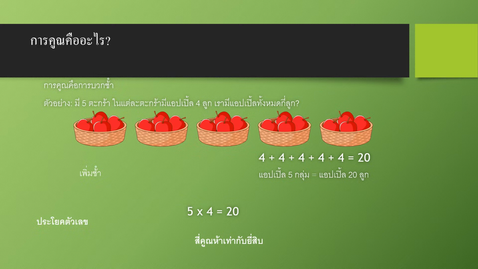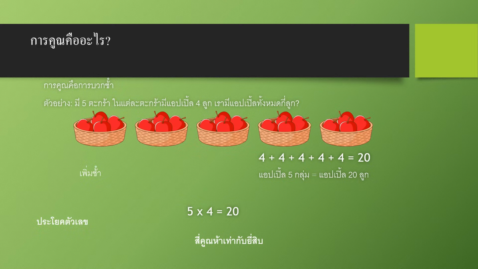So how we will say it again? Or you can say it 5 times 4 equals 20, or you can say it 4 times 5 equals 20.